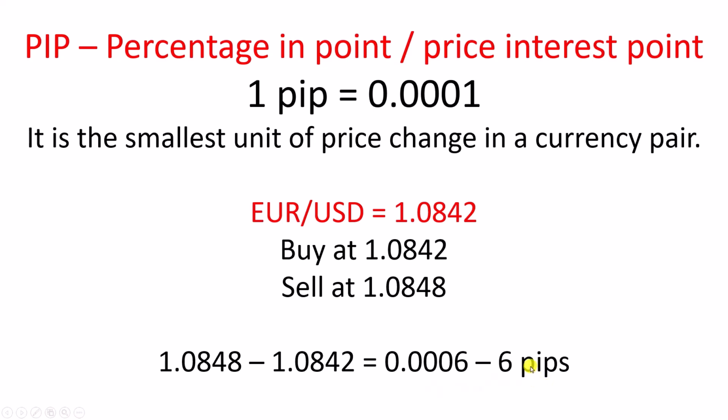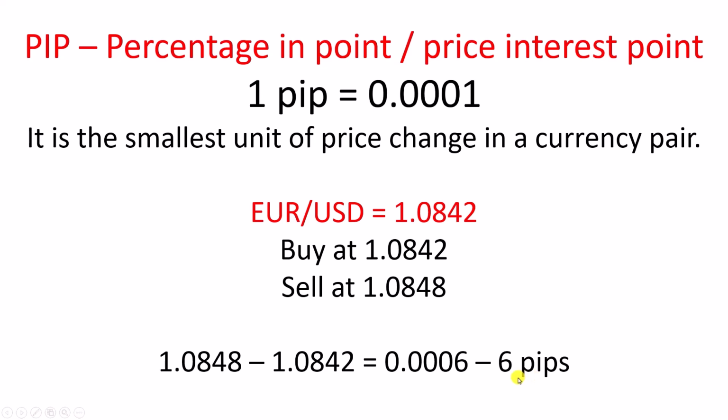So my profit in this trade would be 6 pips, whereas if I had sold this pair at this value and bought the pair at this value, then 6 pips would have been my loss.